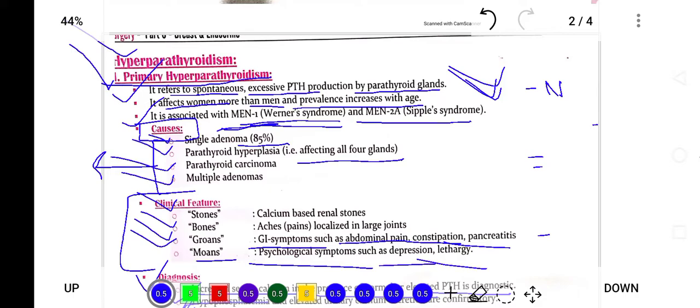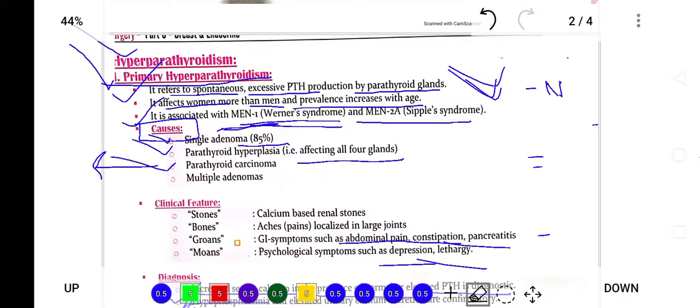The patient will become lethargic. If we summarize this session in a clinical vignette, a 43 or 45-year-old woman comes to the clinic with pain in the back and pain in the joints, like the hip joint, wrist joint, and knee joint.